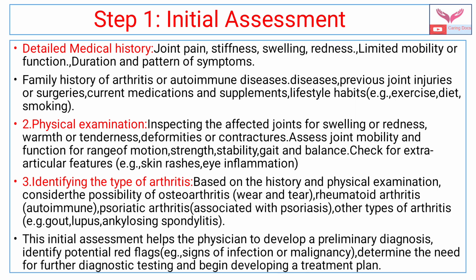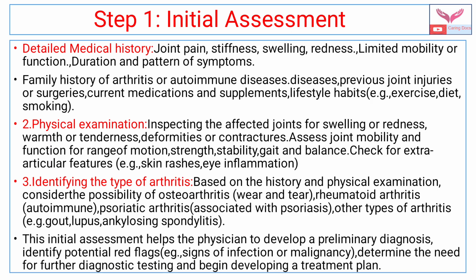We have to consider the possibility of osteoarthritis when it involves wear and tear, rheumatoid arthritis in autoimmune diseases, psoriatic arthritis when it is associated with psoriasis, and other types of arthritis like gout, lupus, ankylosing spondylitis.